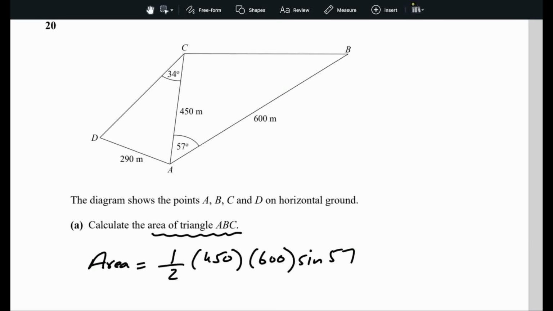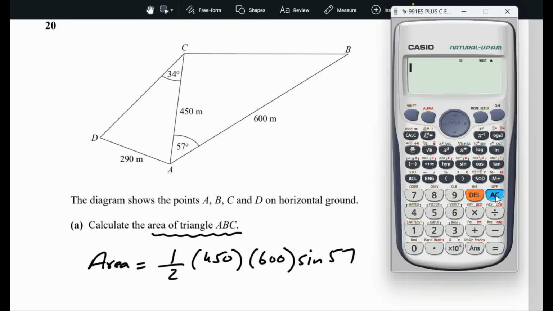If we just use the calculator and simplify it, fraction 1 by 2 multiplied by 450 multiplied by 600 multiplied by sine of 57.